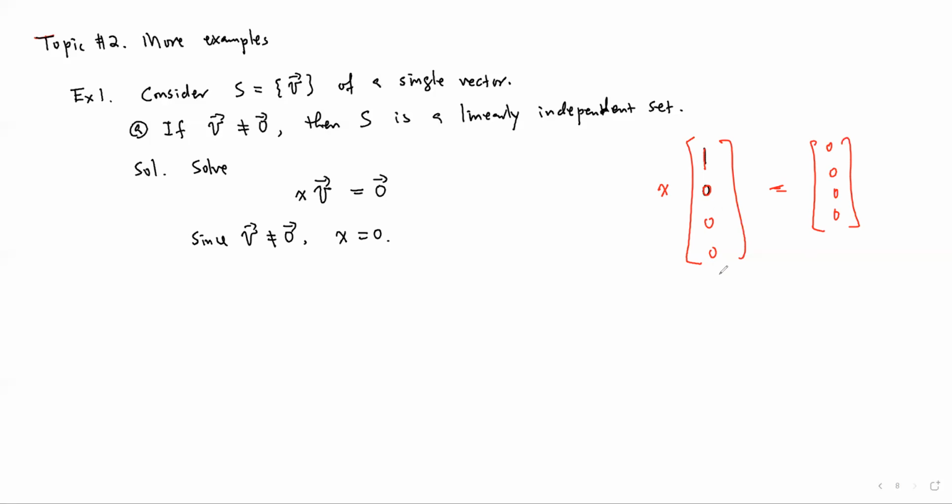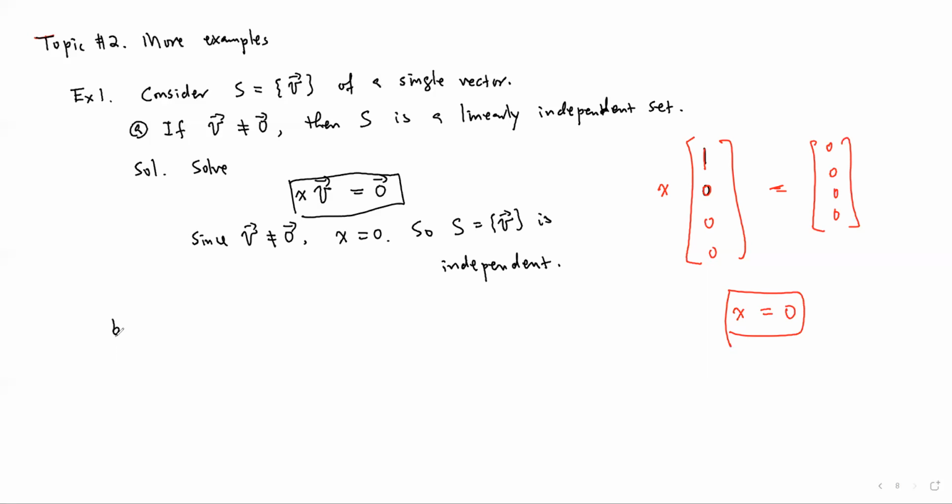The first entry on the left side is x, and the first entry on the right side is 0. So x is 0. This vector equation has only the zero solution. By definition, the set is an independent set. So the conclusion is this set S is linearly independent.